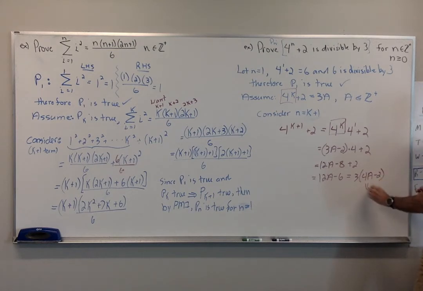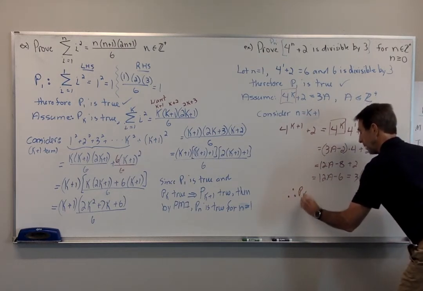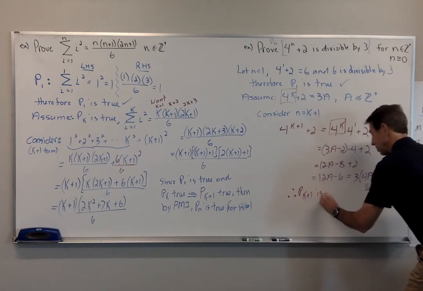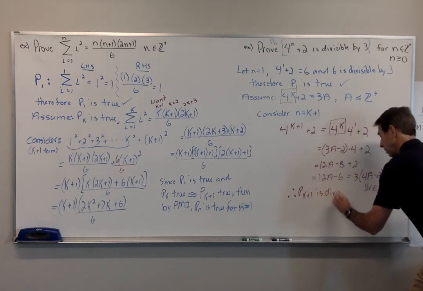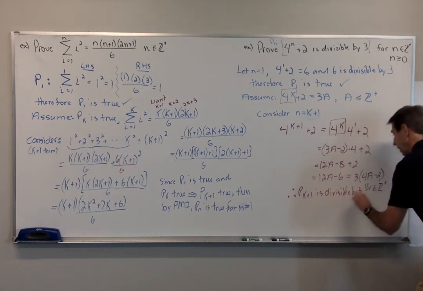But all of this is an element of the integers. Because if a is an element of the integers, by closure, all of this is. Therefore, P of k plus 1 is divisible by 3.